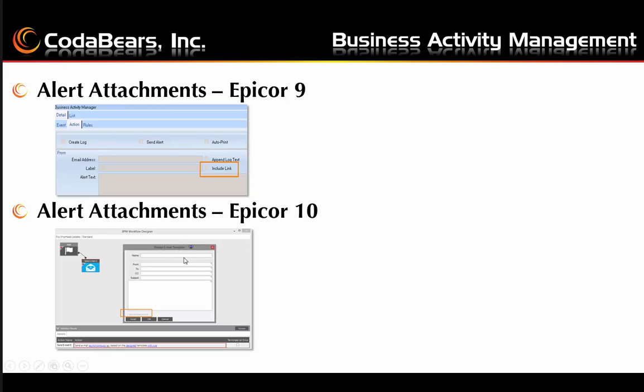In Epicor 10, you'll again use the alert attachment maintenance program to define your template for a custom configuration file to include your attachments to generate and send with alerts or email notifications used in your business process management send email action in Epicor 10.